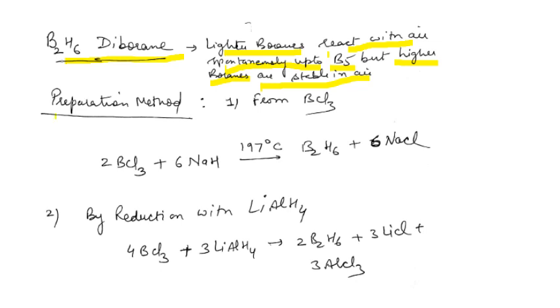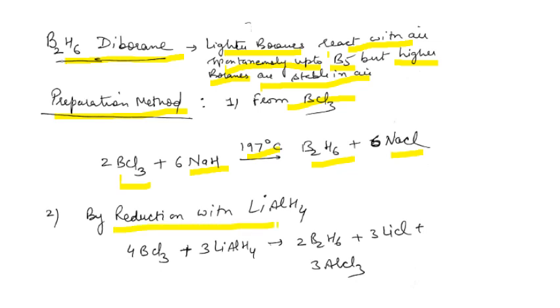Now we see the preparation methods of diborane. The first method is from boron trichloride, a boron halide. When we react boron trichloride with sodium hydride at a temperature of 197 degrees centigrade, we get diborane and NaCl. The second method of preparation is by reduction with lithium aluminium hydride.